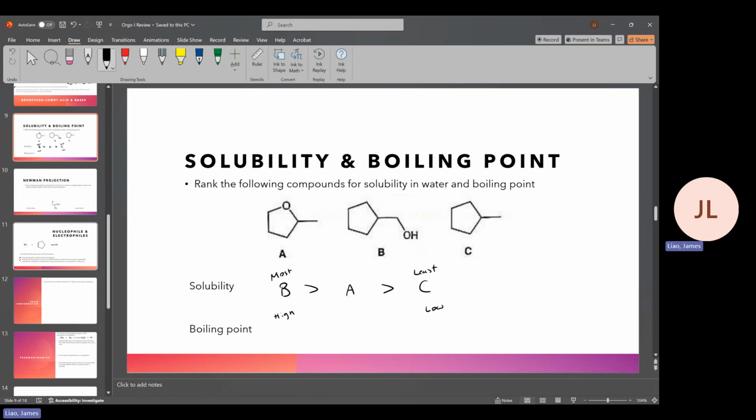A good example is a tert-butyl group or dimethylpropane versus propane. Dimethylpropane is going to look like a cross, with two methyls and a V, versus just a V. That extra branching is going to make it boil at a lower temperature than just a plain old propane.